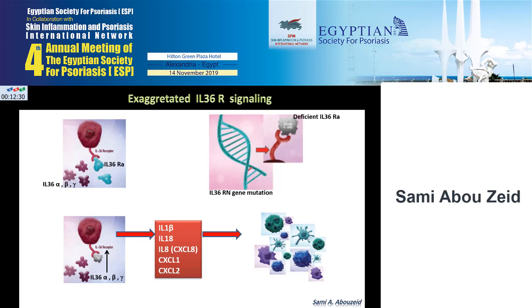And so, the interleukin 36 alpha, beta, and gamma cytokines will act on the receptor and will lead to the expression of interleukin 1 beta, interleukin 18, interleukin 8, CXCL8, and CXCL1, CXCL2, and this will lead to recruitment and activation of many cells.